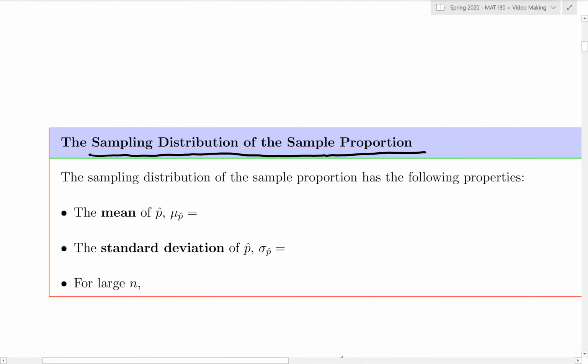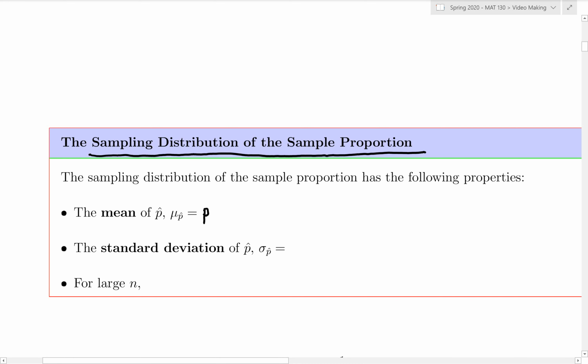When we're talking about a distribution, there are three things we would like to know. The first thing is the center, or the mean. And the mean of p hat is going to be p.